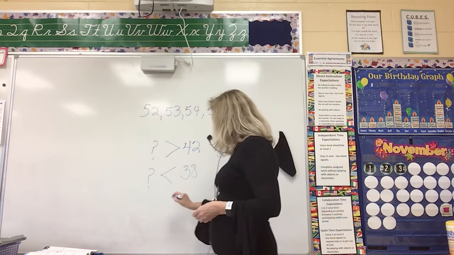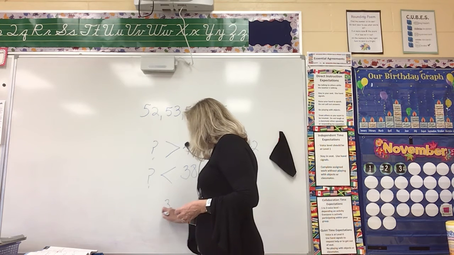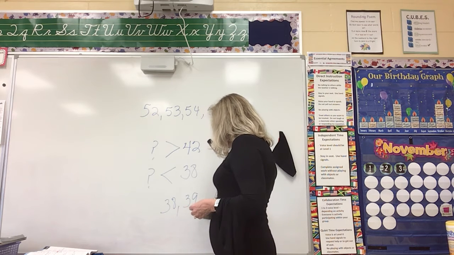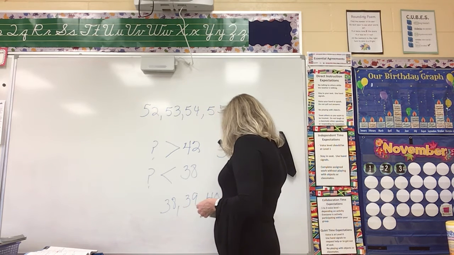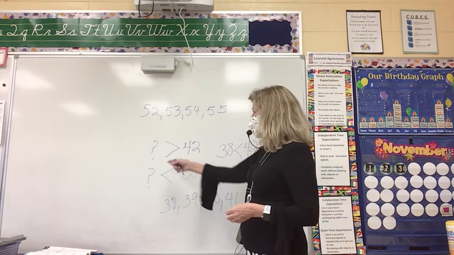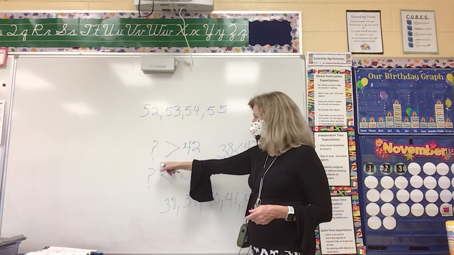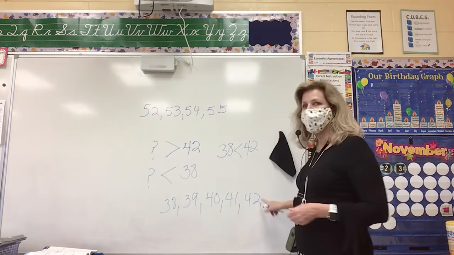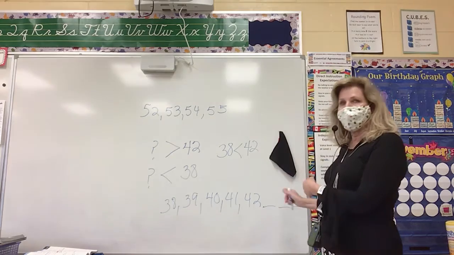Okay, so another way you can do this also is what we've been doing in this lesson. So we have 38, 39, 40, 41, 42. Okay, so he's saying you read greater than 42. So if he was reading greater than 42, it would have to be 43 and on, right?